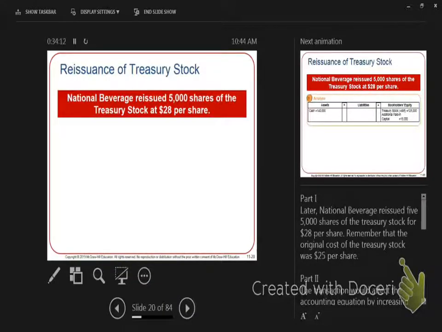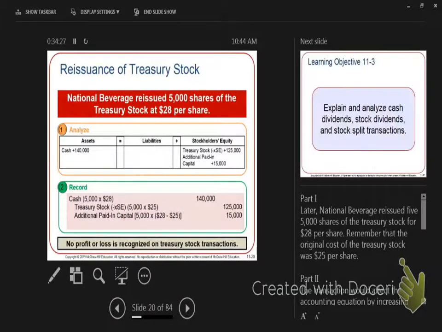What's treasury stock? Treasury stock is when a company buys its own stock back. From another company? No, from out on the market. So it's not a profit or loss, it's a gain. It's additional paid in capital.